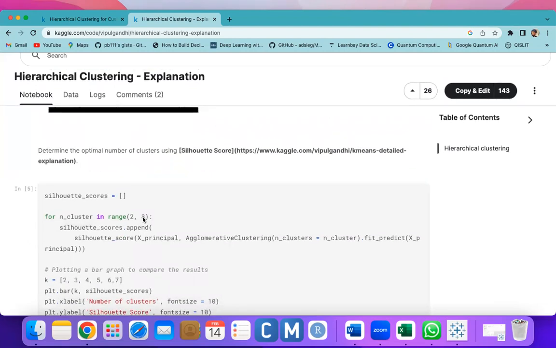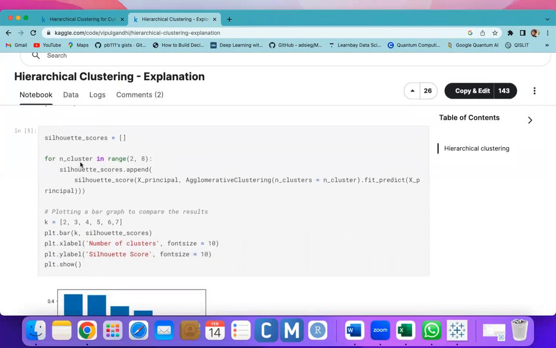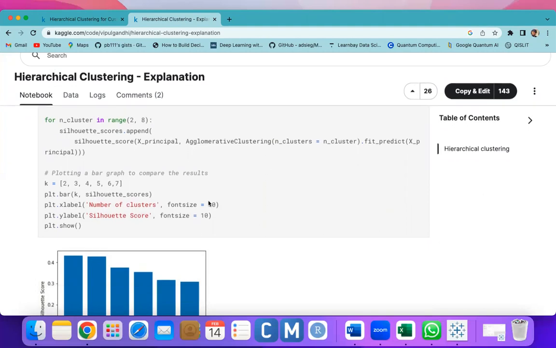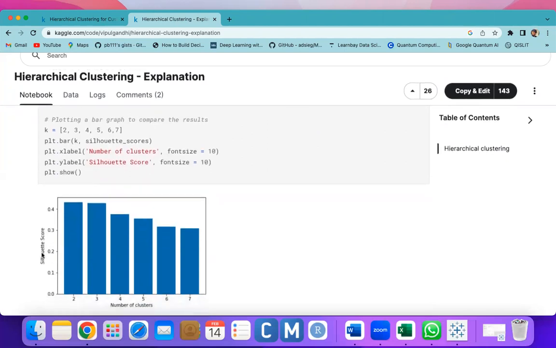With the help of the dendrogram, we can find the optimal number of clusters. Here we are taking the range 2 to 8, appending the score for the agglomerative clustering, and identifying the score of each cluster. I'm plotting the score of the corresponding cluster.